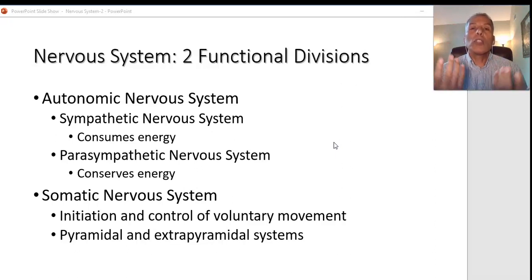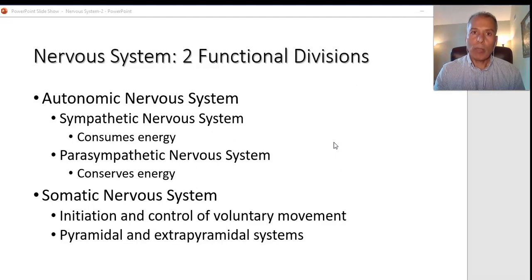All of these functions are controlled by the autonomic nervous system, and that autonomic nervous system is divided into two subdivisions.